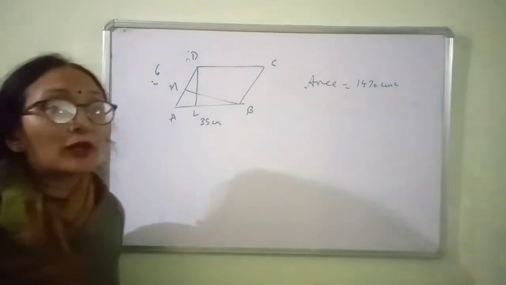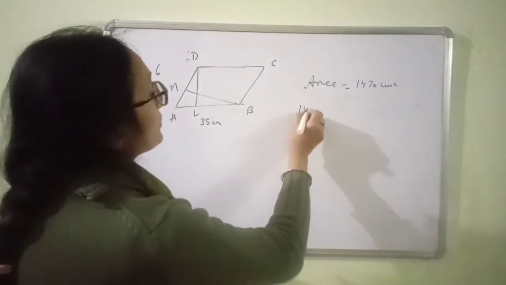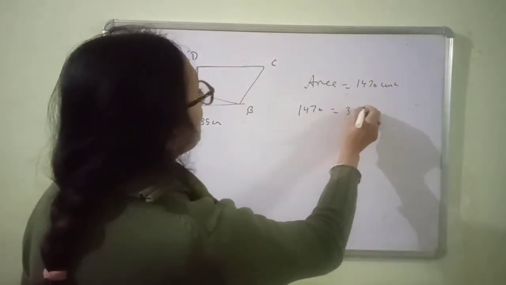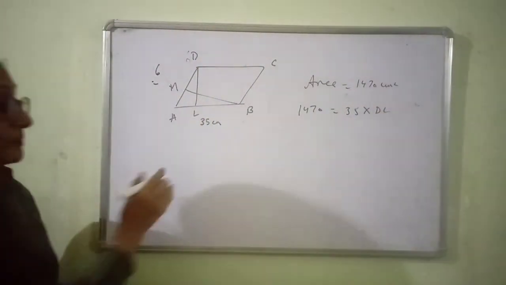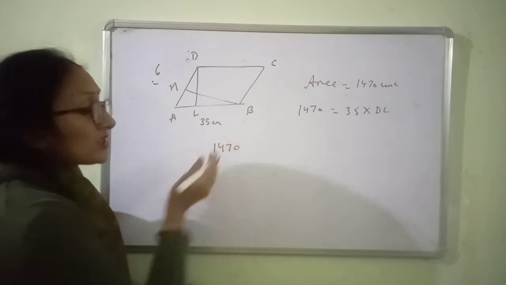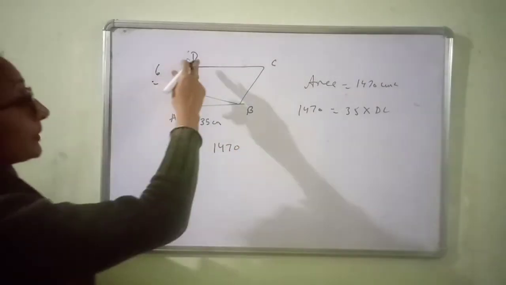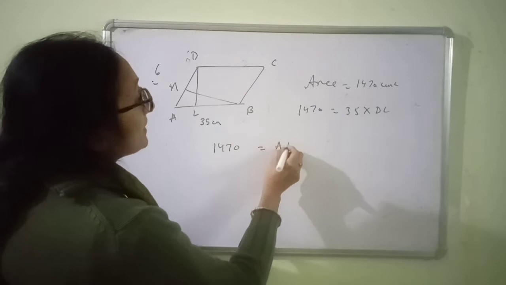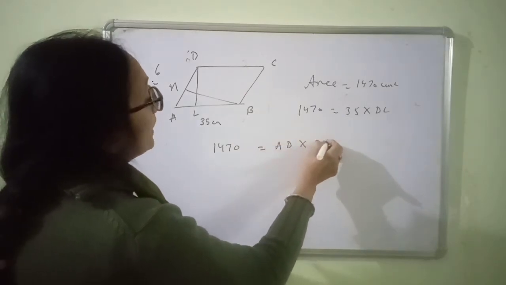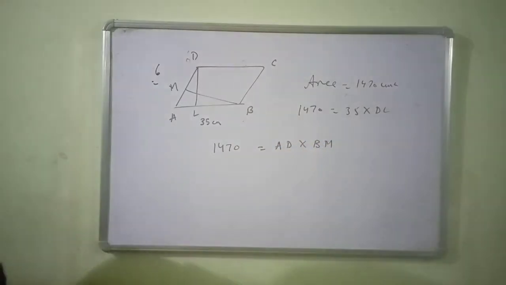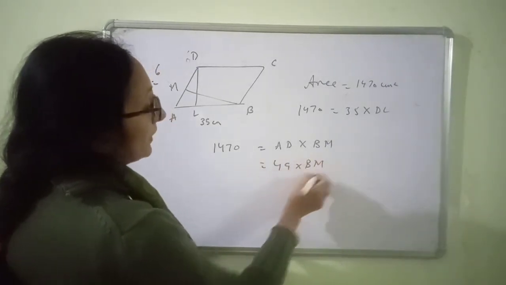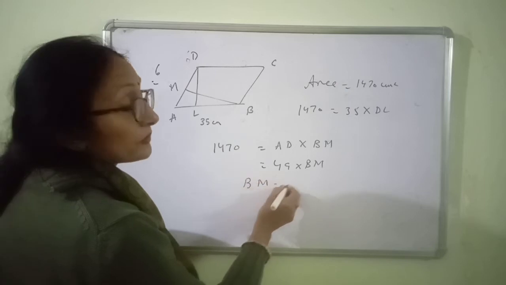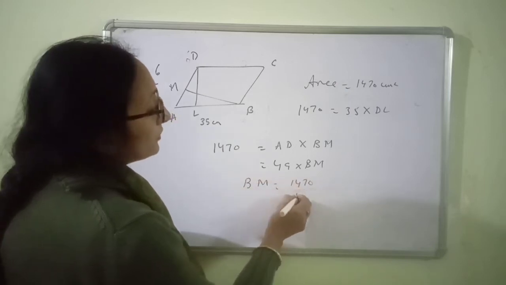So you know the area of a parallelogram is base into height, 1470 is equal to 35 into DL. Now you can find the value of DL. Now area will remain the same, and if we change the side of the parallelogram, base will be AD and its height is now BM. In the question, AD is given as 49 centimeter. So you are able to find the value of BM, that will be equal to 1470 divided by 49.